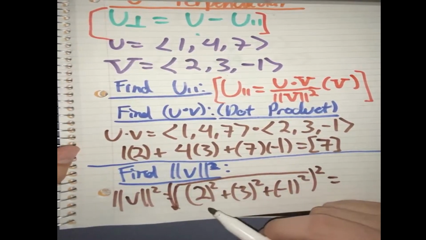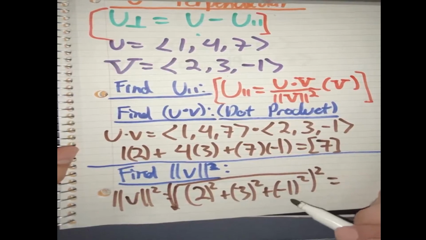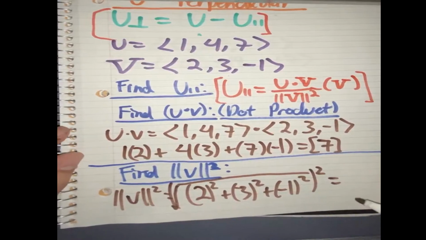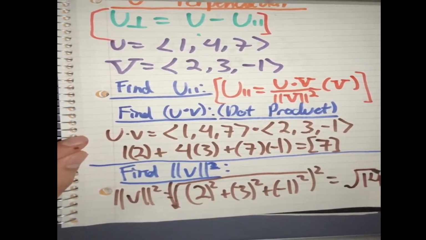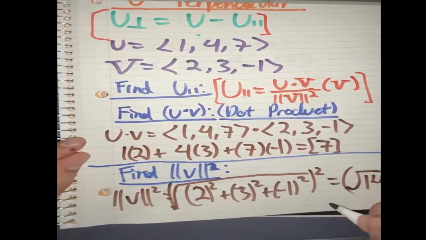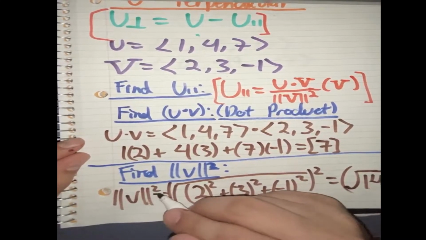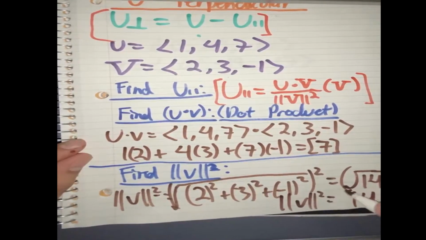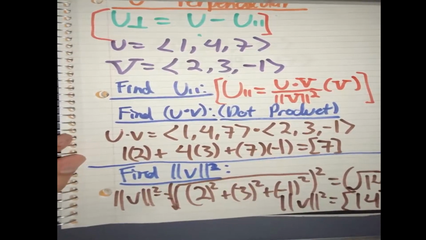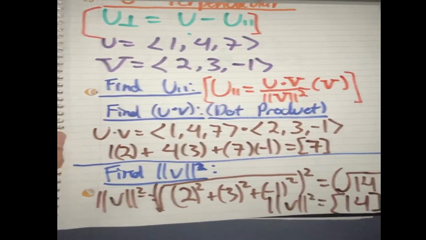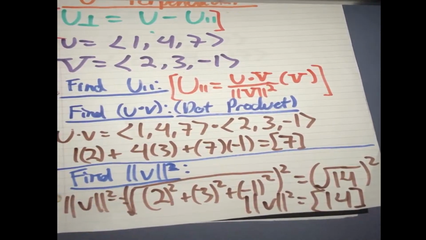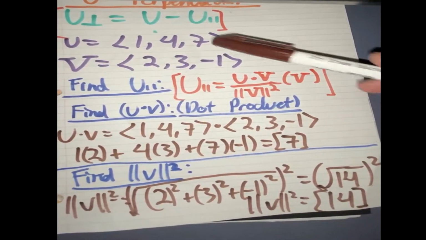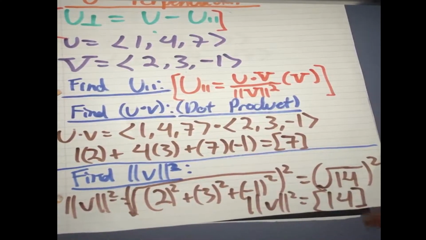So 4 plus 9 plus 1 is 14. This comes out to be the square root of 14, but since we're squaring it, the magnitude of v squared is equal to positive 14. Also, you can't have something negative here, so if you do, you messed up.